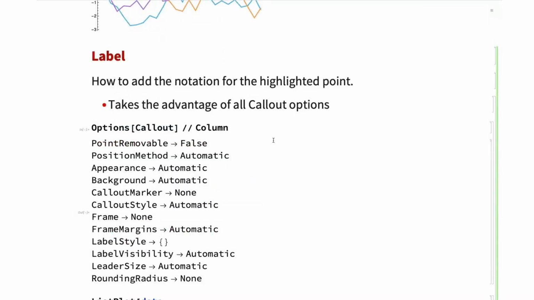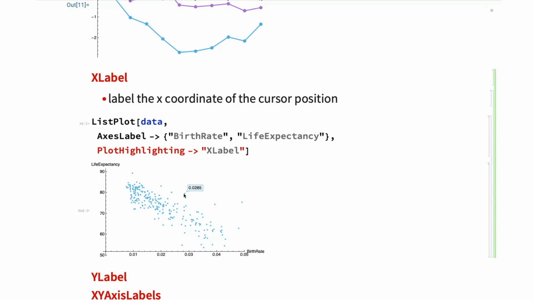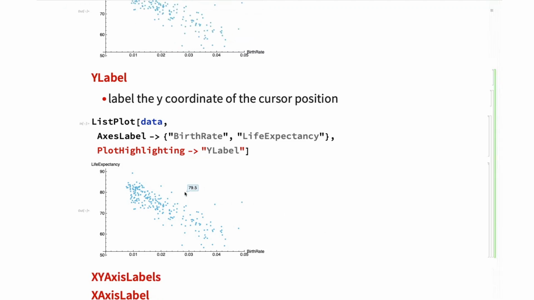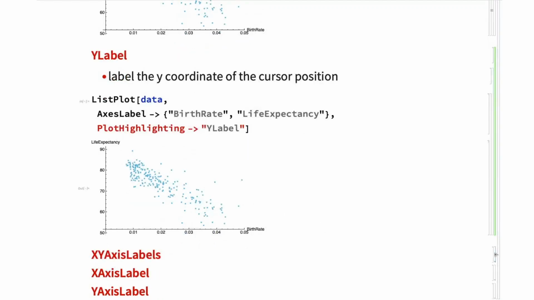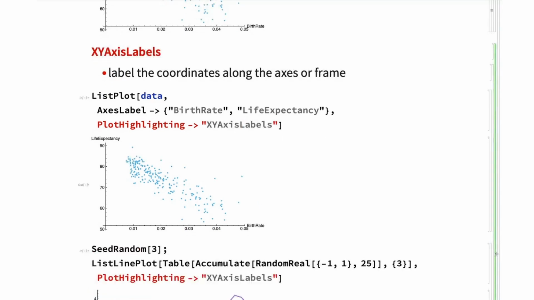So label is providing a mechanism to add a notation for the highlighted point. Just like XY label, but instead of the XY value, X label just gives you the X value. Y label gives you just the Y value. And then there is an XY axis label. So instead of putting labels directly on the highlighted point, we put them on the axis.